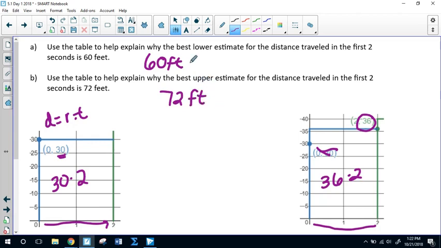So this creates two different types of estimates, a lower estimate and an upper estimate. We created the lower one by using the lower value, and we created the upper estimate by using the larger value. In this case, the value happens to be on the left side, and in this case, the value happens to be on the right side.